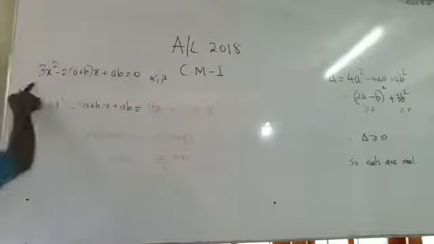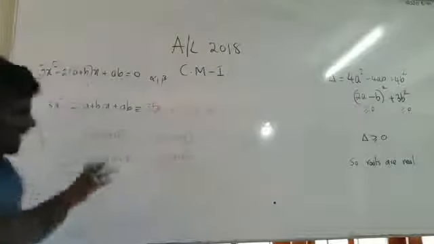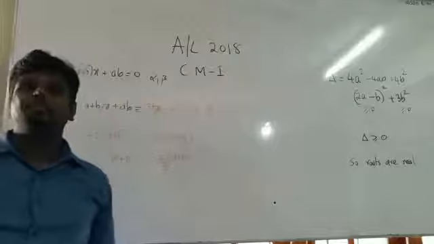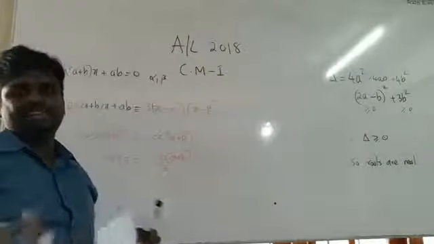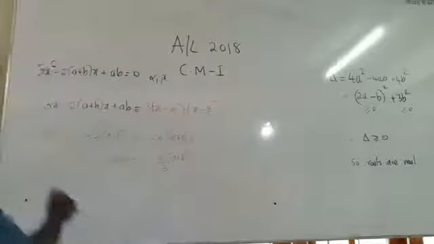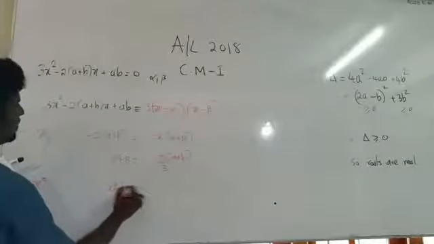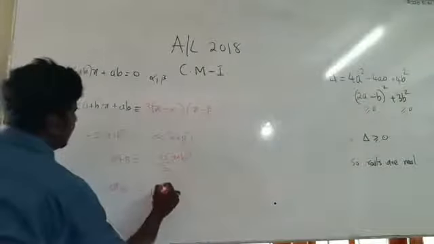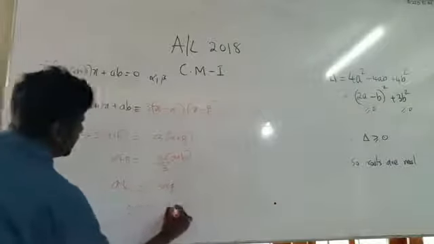Rather than putting it directly, you should have something like this, because sometimes they may ask you to prove. They said write down, but likewise, if you equate x to the power 0 on both sides, ab equals 3 alpha beta. So alpha beta equals ab by 3.